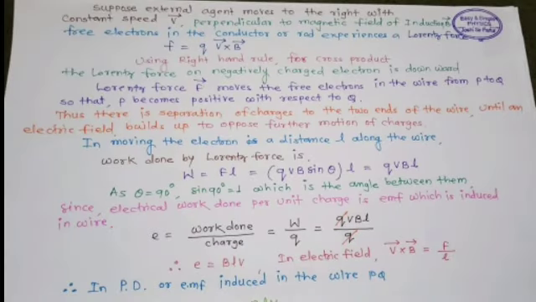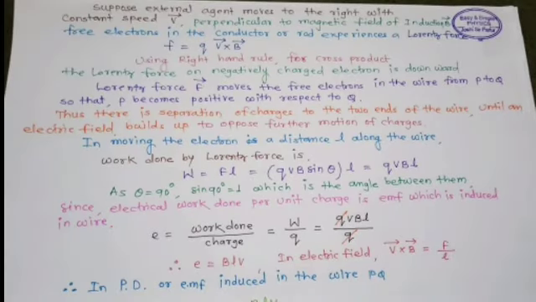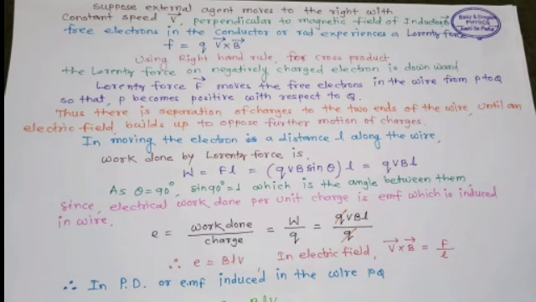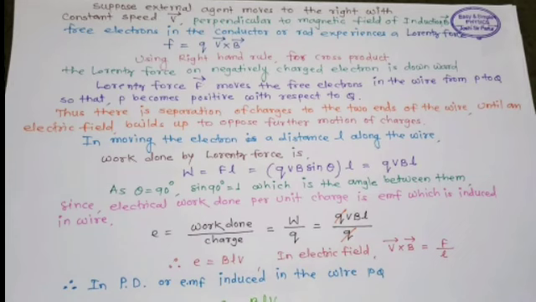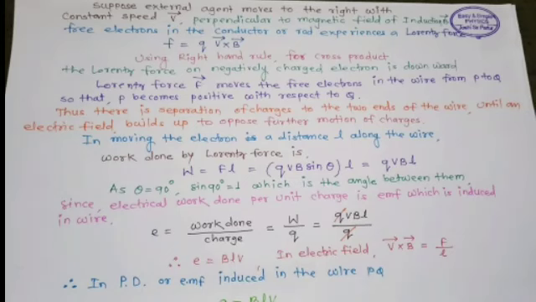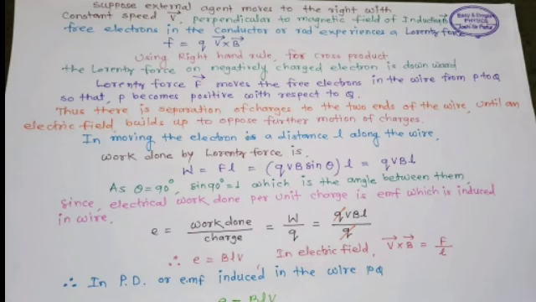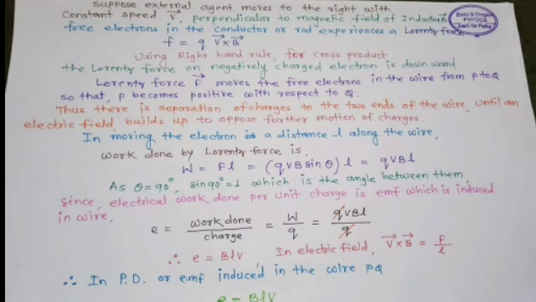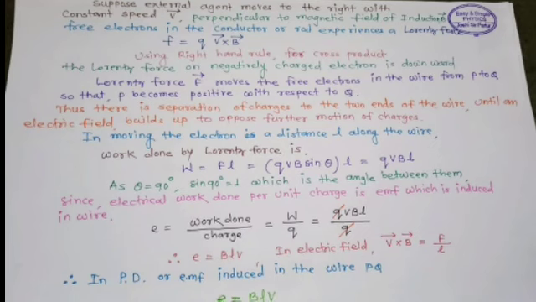Suppose an external agent moves it to the right with constant speed vector V, perpendicular to the magnetic field B. The free electrons in the conductor or rod experience a Lorentz force. So F is equal to Q into vector V cross vector B.